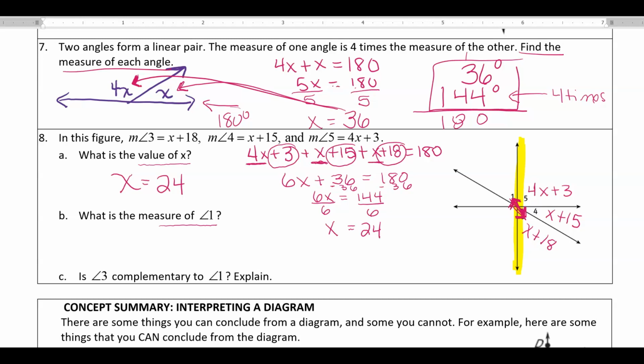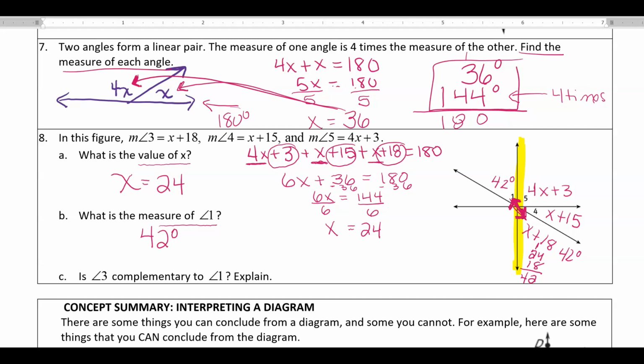So if x is 24, this angle down here will be 24 plus 18, which if we do the math, that is a 42-degree angle. Well, since it's vertical angle to 1, that's also 42 degrees. So the answer to B is 42 degrees.